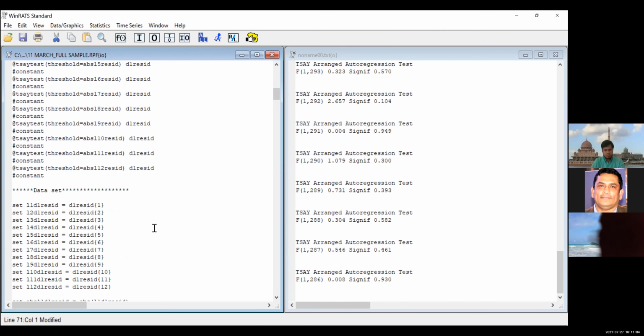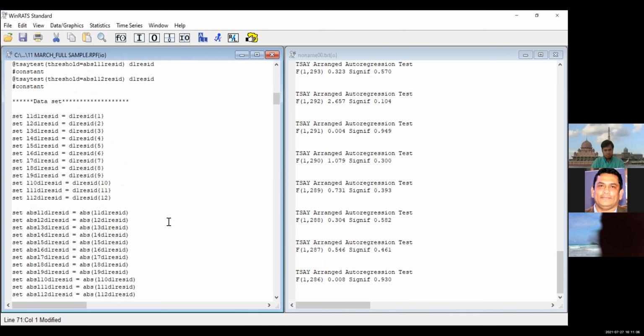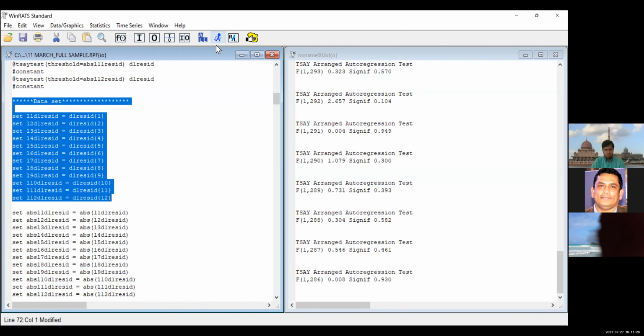So we move to the next, MTAR. For MTAR it is not only the absolute value of the lag of residual, but the first difference of the absolute value of the lag of residual. So that's why we create that again. You see the absolute value of lag 1 of the first difference of residuals. You could recall my equation from the PowerPoint.